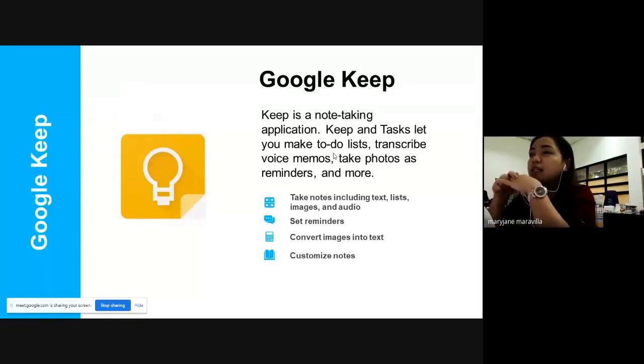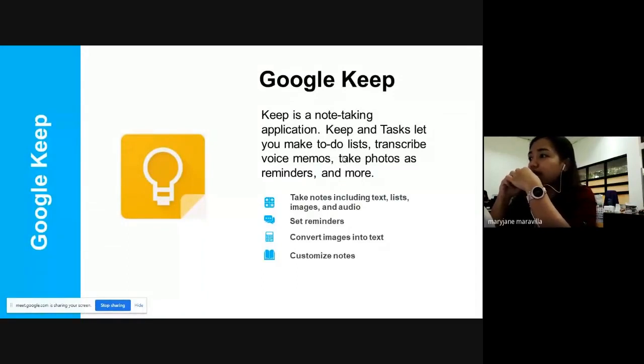When we say files, it is not just limited with the documents, but also it can attach audio, video, as mentioned, it include text, list, images, and audio. So especially when you are trying to manage your tasks, Google Keep is very helpful in having a to-do list. So you just have to list all your pendings, and then you have to check mark it once you're done.